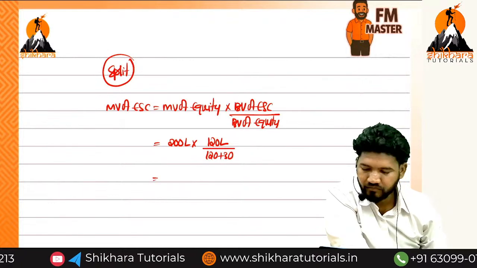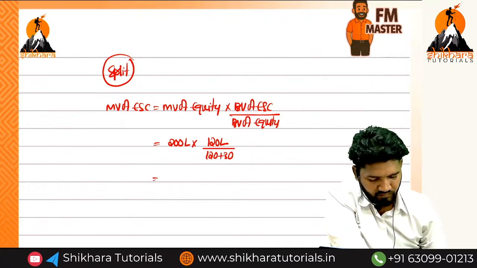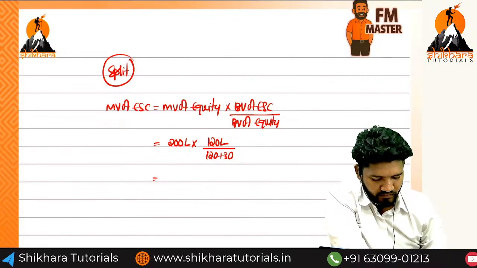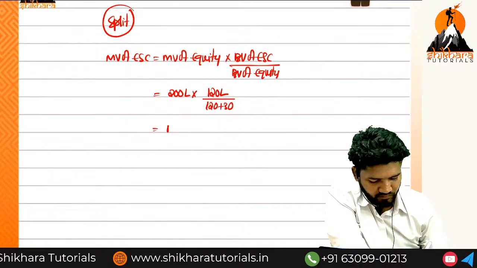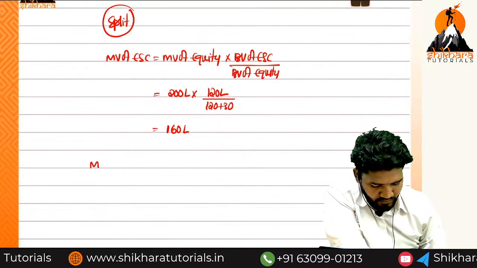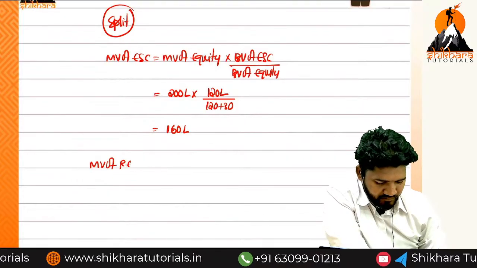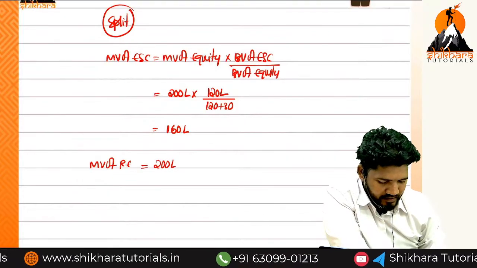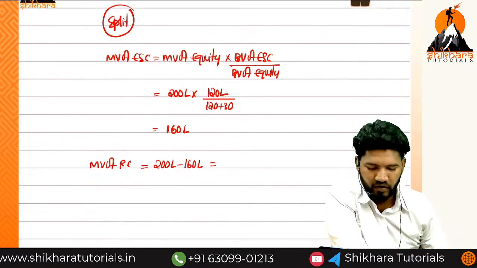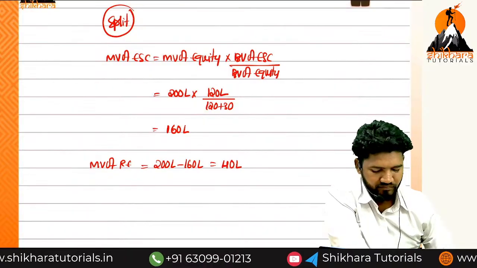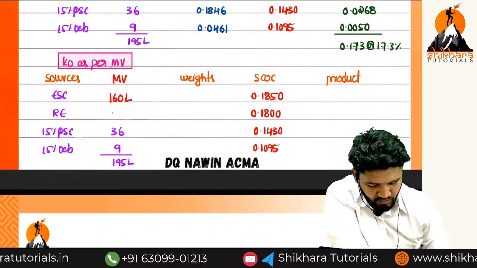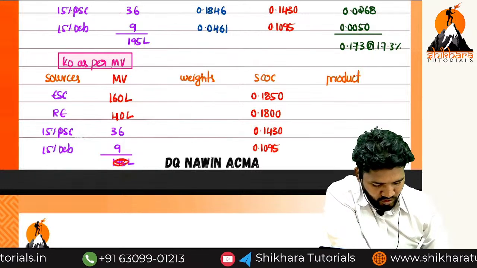Answer? 150. Now how to calculate market value of retained earnings? 200 lakhs minus 160 lakhs. Basic calculation, 40 lakhs. 160 lakhs, 40 lakhs. Now total also changes, no?